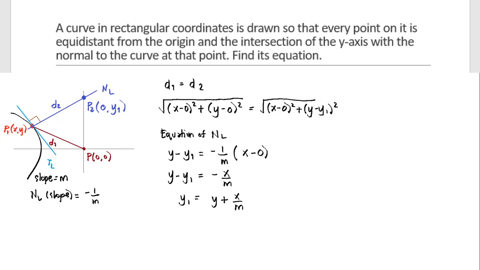Now, this equation, I'm going to substitute into this one so that I can introduce an m to this equation. And of course, m is the slope, and again, m is dy over dx. Okay, so substituting this equation to this equation, we will now have what?